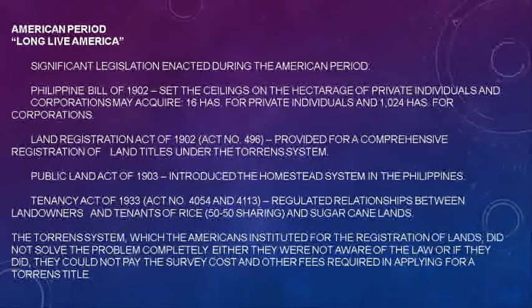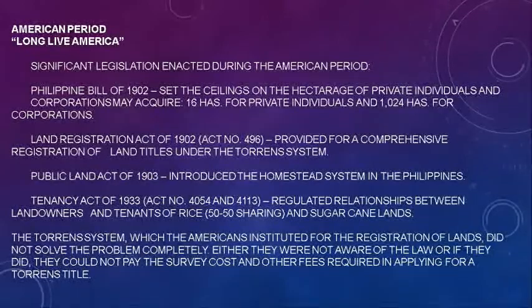Now, during the American period, when the Americans took over the Philippines from Spain, a large percentage of the country's land was held by the American colonial government, about 93%. And so the Governor General then, William Howard Taft, wanted to have a policy that would allow a good portion of the land to be sold off to American investors.